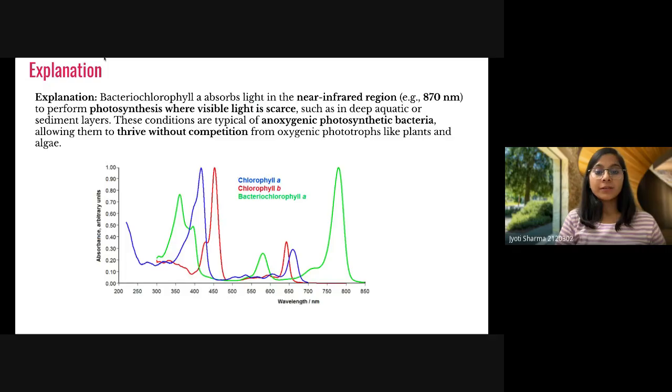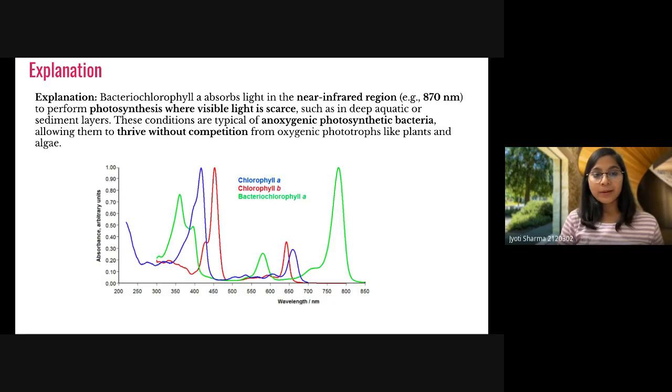Just see here, A and B have peaks near 400 and 500 nanometers. But bacteriochlorophyll A has its peak near 800 nanometers. And why is this 800 nanometers?